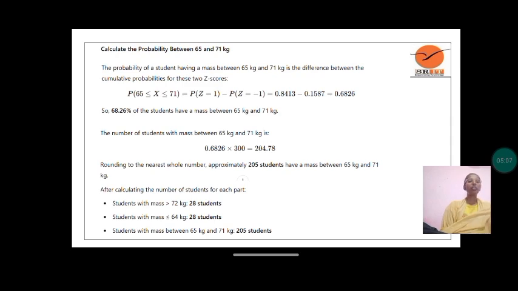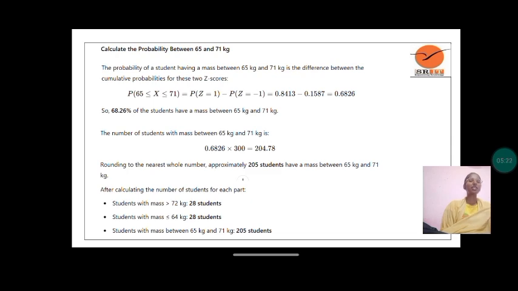Calculate the probability between 65 and 71 kgs. The probability of a student having mass between 65 kgs and 71 kgs is the difference between the cumulative probabilities for these two z scores.